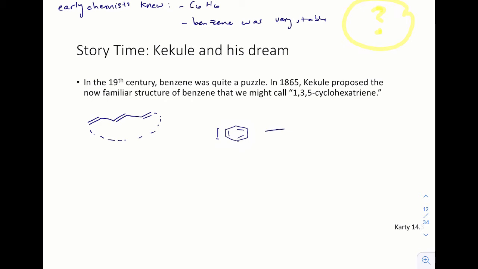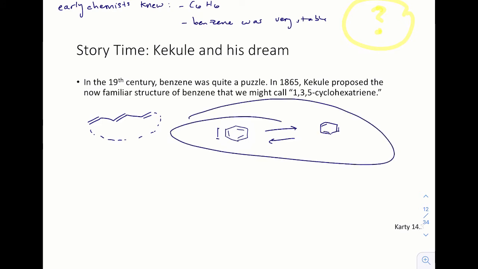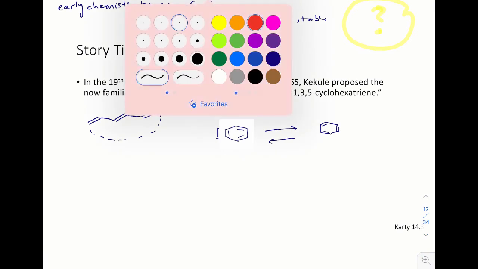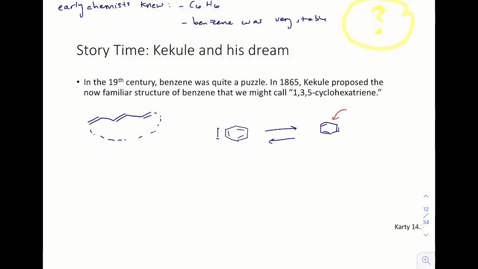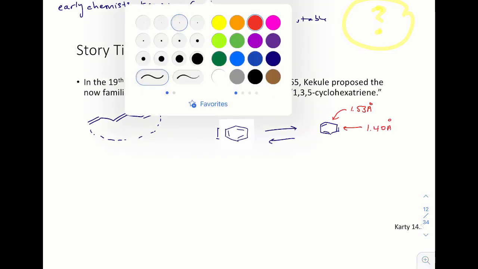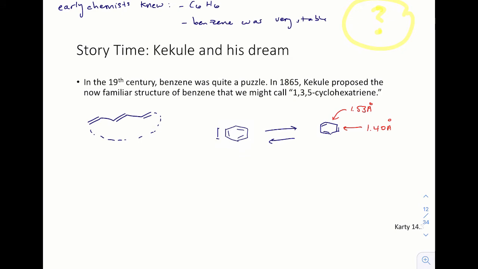Or at least that's what Kekulé thought. Kekulé proposed this structure with alternating double and single bonds, and he thought that two isomers would actually be in equilibrium with one another. He proposed that there would be long bonds alternating with short bonds, making up these two isomers. Kekulé's proposed structure was quite controversial.